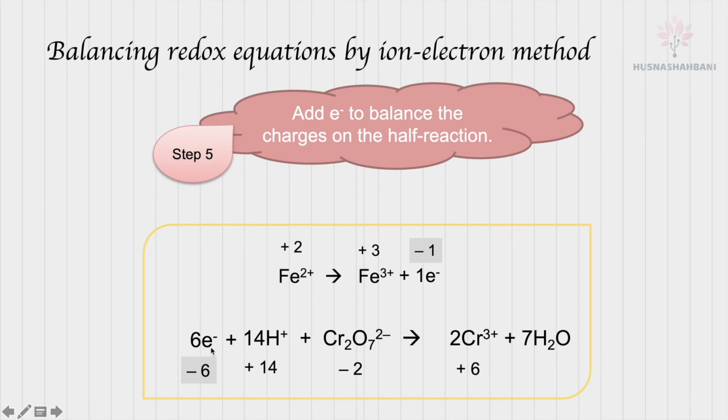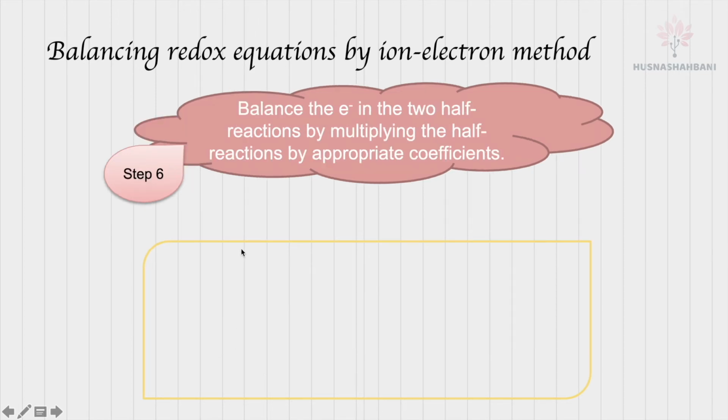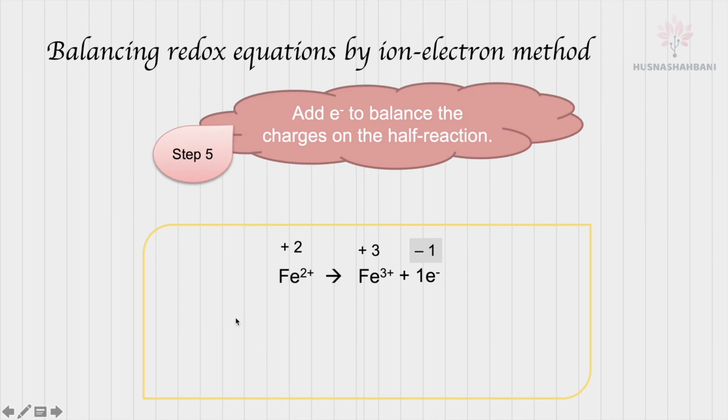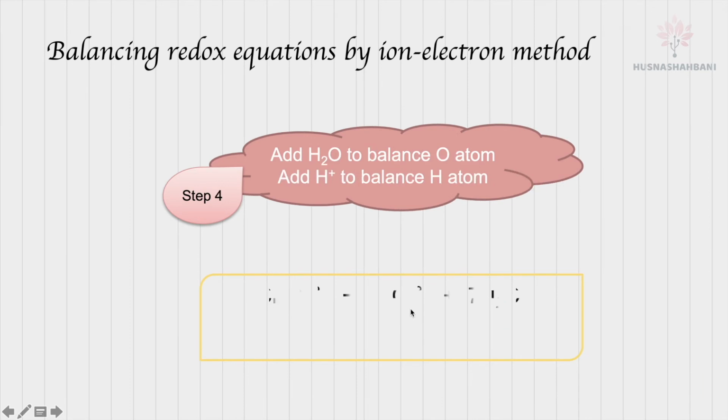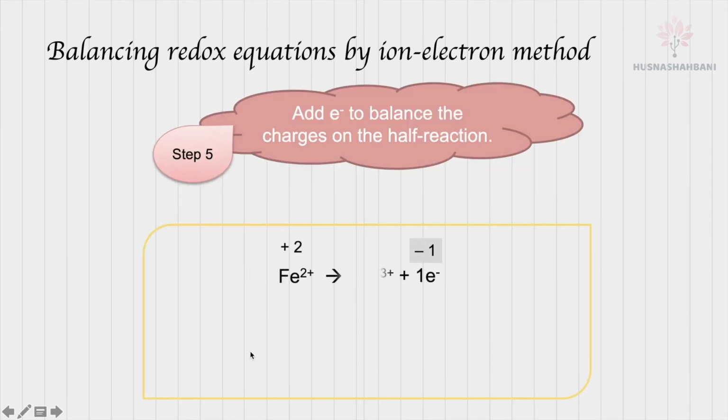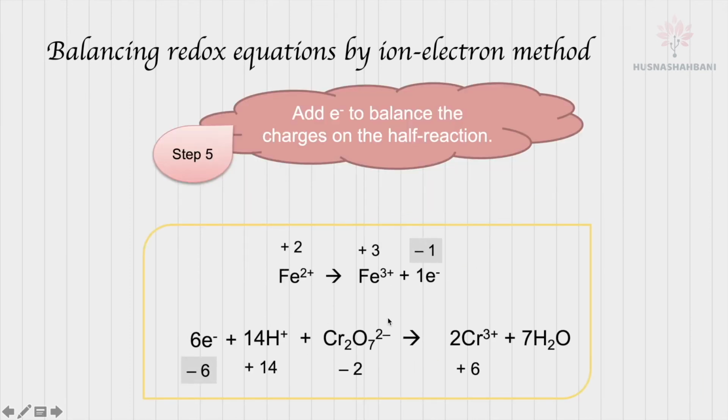Gaining electron means reduction process. So now you can put oxidation and reduction on the previous part. We know that Fe is oxidation, Cr2O7 2 minus becomes Cr3 plus is reduction. When you already balance the electron, here we can confirm which one is oxidation, which one is reduction.